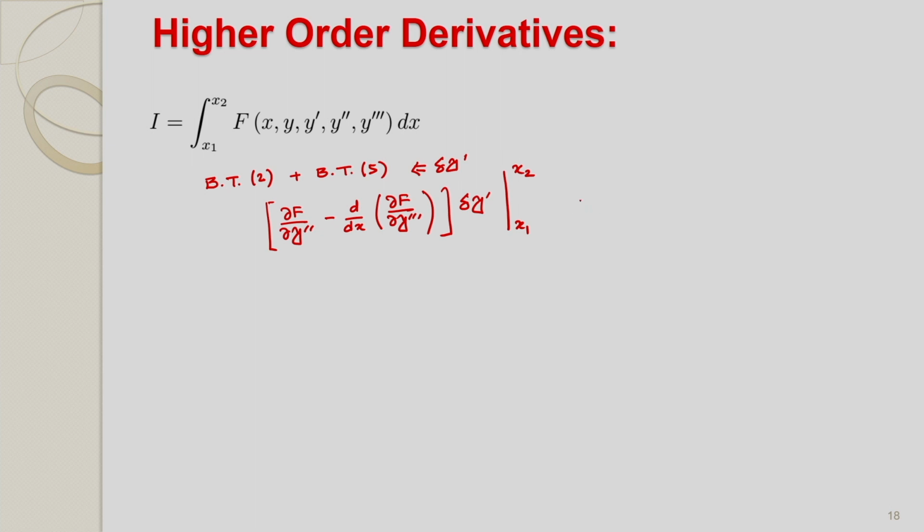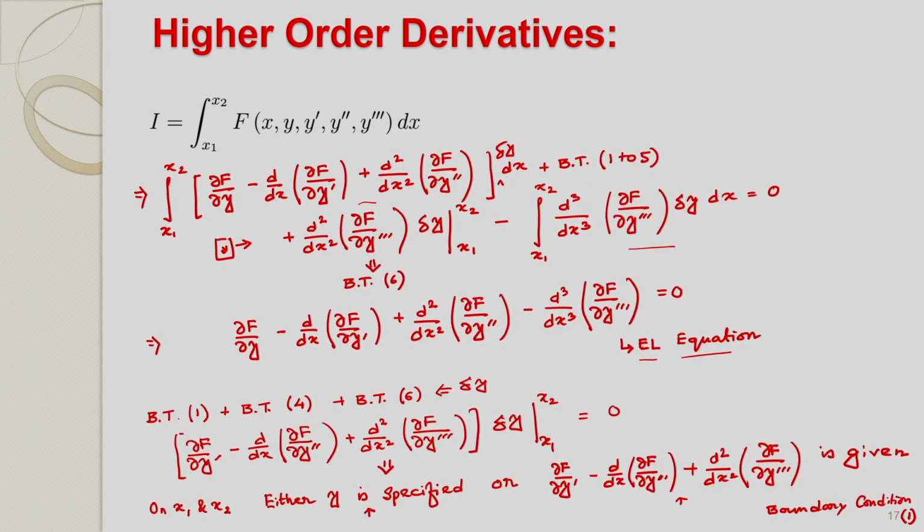So, this is another boundary term. We should not write equal to 0; it depends on whether it is 0, then the boundary term contribution will be 0.